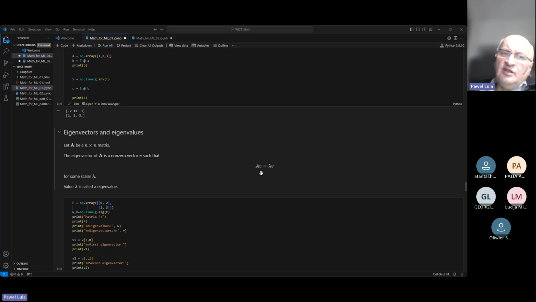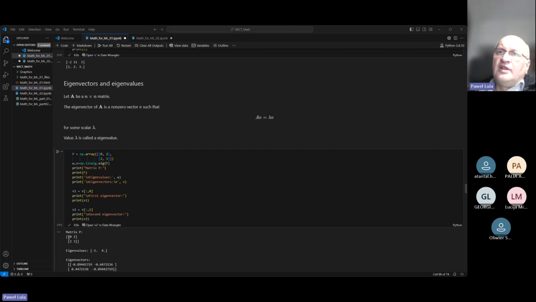We can say that V is an eigenvector of a matrix A if it satisfies this equation, this formula. And then lambda is called an eigenvalue. Of course, we can compute eigenvectors. We have a matrix here, and the results of this program we see here. I define the matrix P, a very small matrix with 2 rows and 2 columns.